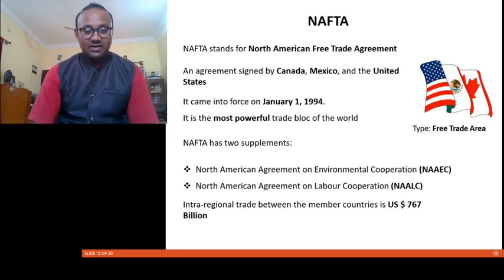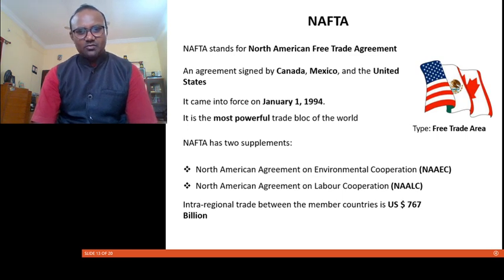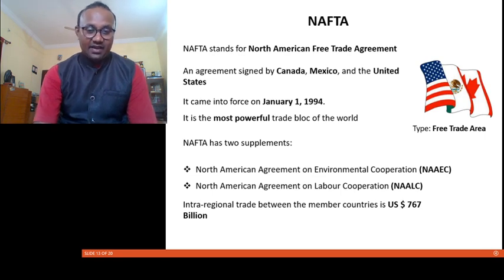So that's where that particular body specifically looks. And you have the North American Agreement on Labor Cooperation, which formulates policies for free movement of labor, protection of labor, exploitation of labor, and so on. Altogether, they control about 767 billion US dollars as the net worth of the activities they have as part of the trade bloc.